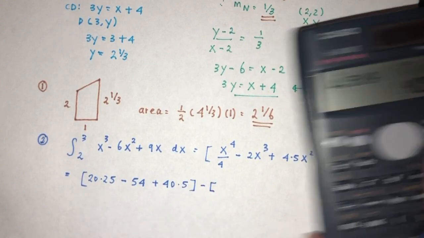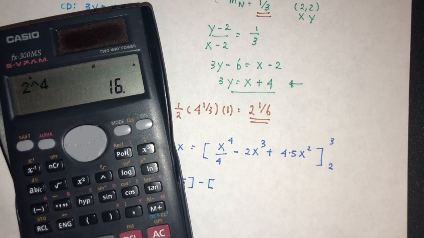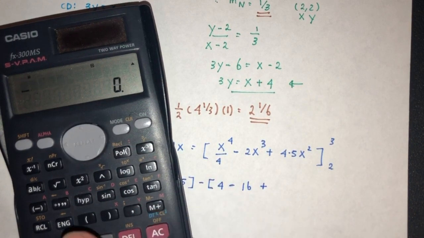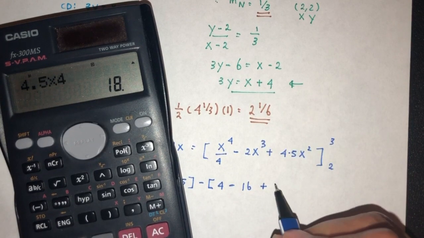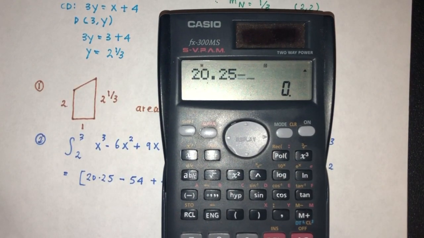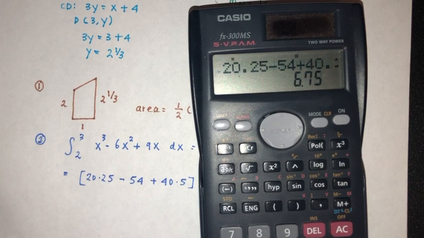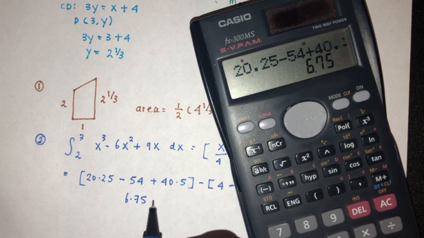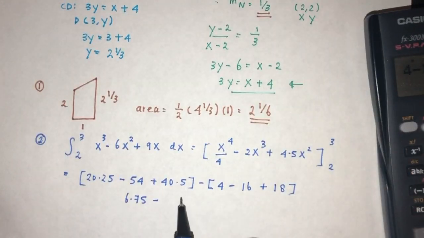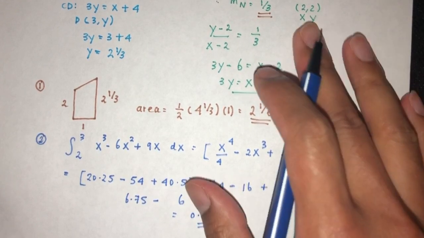So minus, now for 2 to the power 4 is 16 divided by 4, that should be 4, minus 2 times 2 to the power 3, that should be 16, plus 4.5 times 4, that should be 18. So simplify here and here, you will have 20.25 minus 54 plus 40.5, that should be 6.75, and 4 minus 16 plus 18, that should be 6. You have 0.75. So the area that we do not want, below the curve, is 0.75.